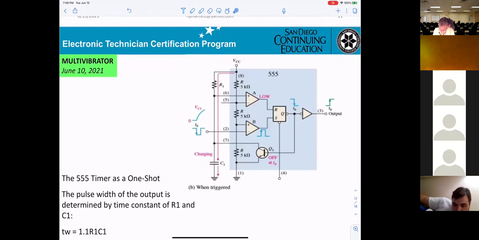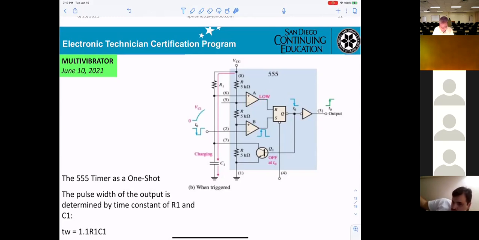If you're looking here, this is low, telling you pin number 5 will be higher than pin number 6, correct? So that's why this is low.